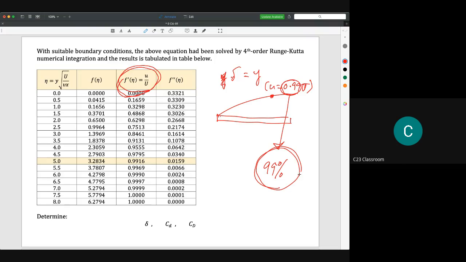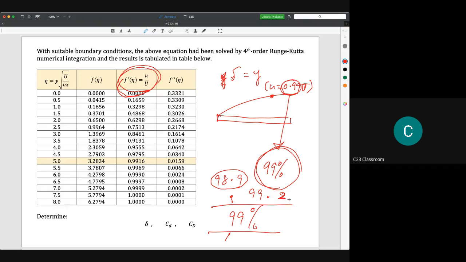If you have 98.9 and 99.2, you need to take 98.9 because the difference is 0.1 compared to 99.2.